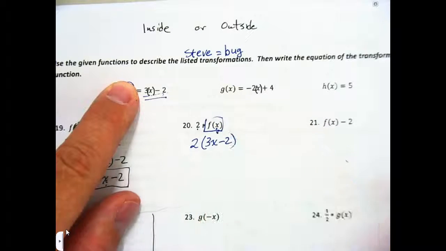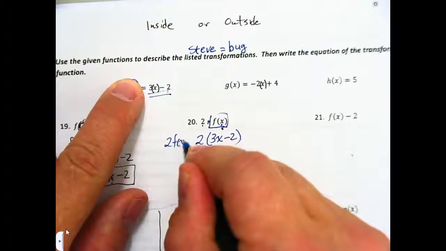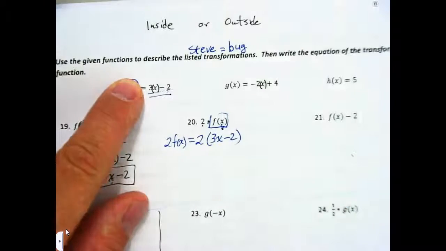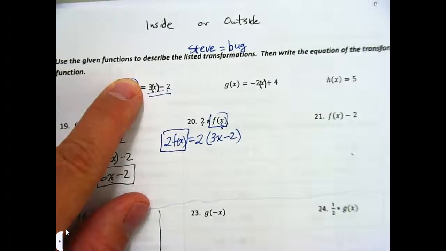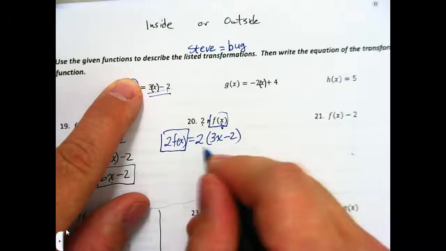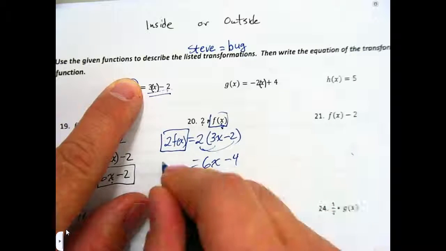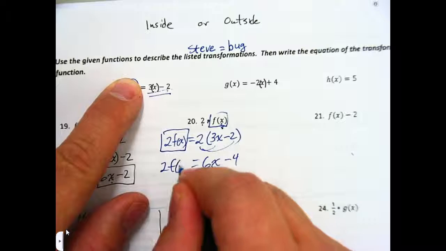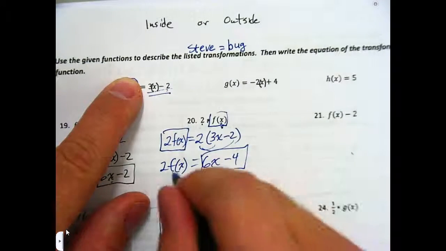That's what 2 of f of x is. Remember, this is its weird name. This is the normal name. Now we multiply it out. That's 6x minus 4. So 2 f of x is equal to 6x minus 4. That's just the name.